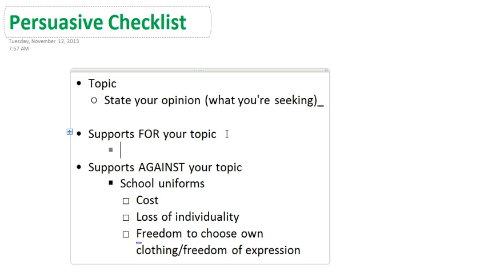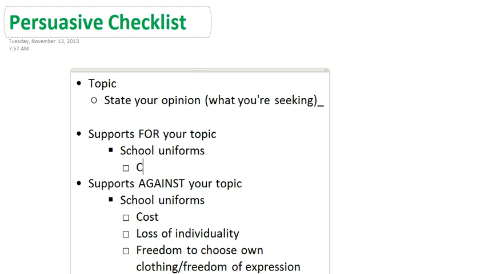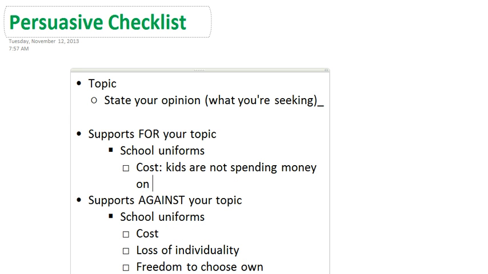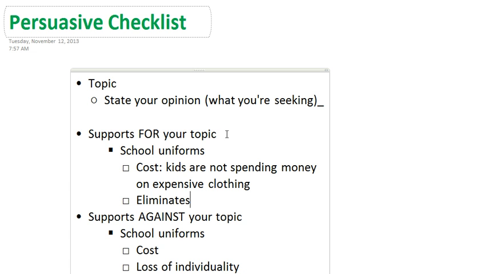Reasons for school uniforms would be, again, cost, because now kids aren't spending money on expensive clothing. It eliminates competitiveness about clothing.